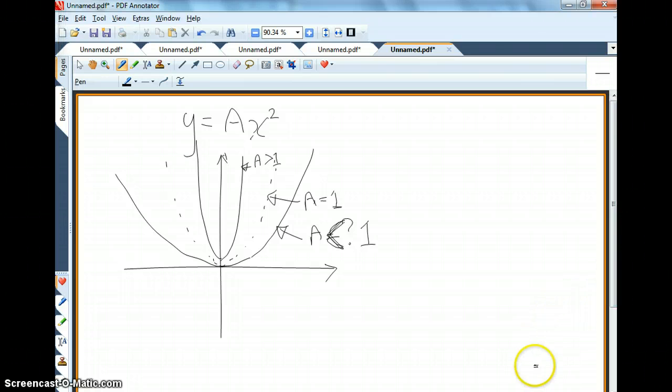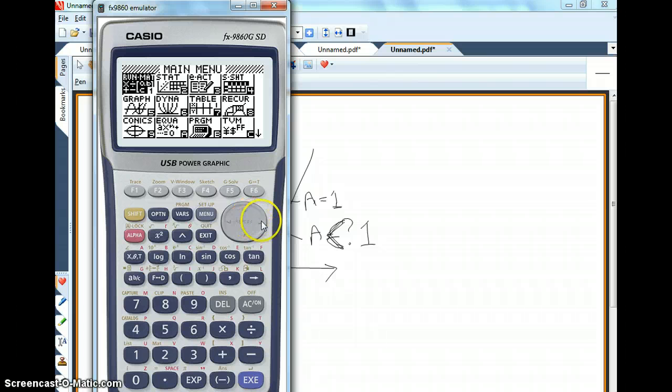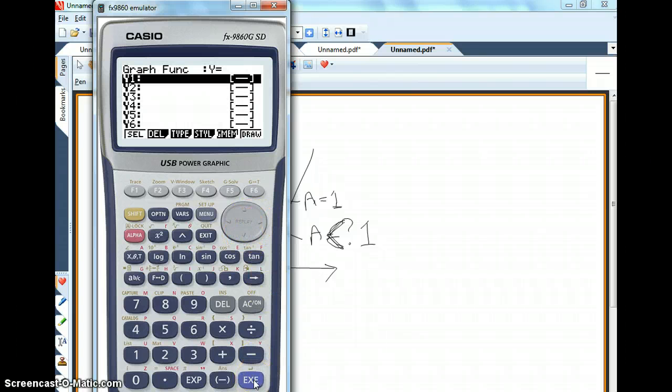With your graphics calculator, to prove this to yourself, you need to go menu and the graph mode. It already reads y equals. All you have to do is put an X. Now the tricky bit, or the bit that people get mixed up, is that's the X button there, the one I'm pointing to. So you push X, comes up with an X there, and then you push squared, right?